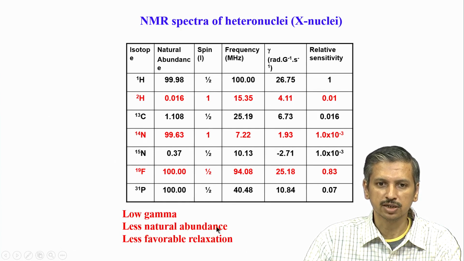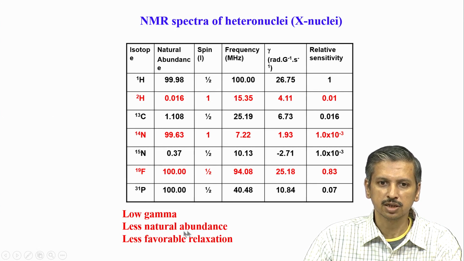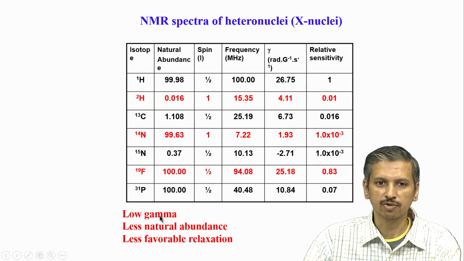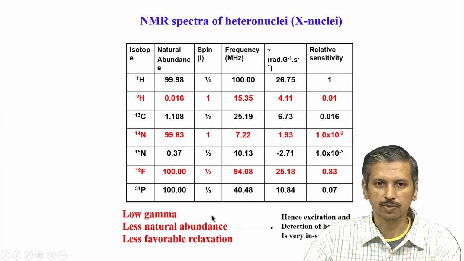Another thing which decides sensitivity is the natural abundance, and as I said, relaxation due to CSA or due to quadrupolar interactions, which happens in the case of spin 1. Spin 1 we do not use in liquid state because it has very rapid relaxation, and in some cases like fluorine and phosphorus, chemical shift anisotropy contributes to relaxation. So, these are the factors important to consider when we look at heteronuclei other than proton, which nucleus to take and so on.